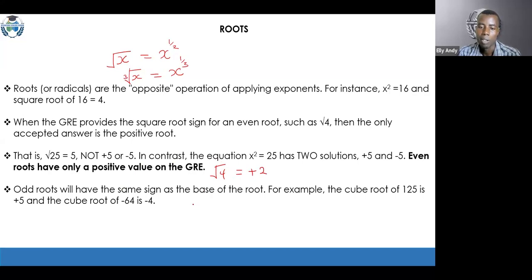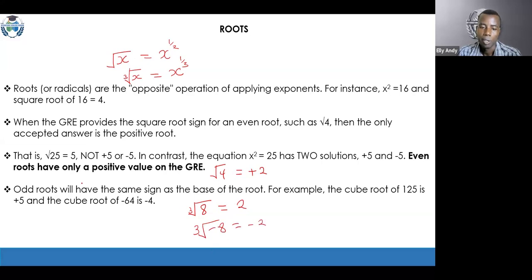If you are dealing with an odd root, like for example, the cube root of 8, then in this case, you should consider both values. Like in this case, the cube root of 8 is 2, but the cube root of negative 8 will be negative 2.